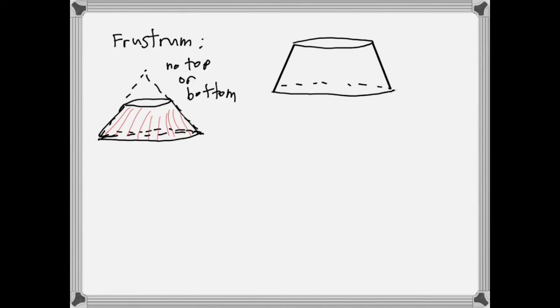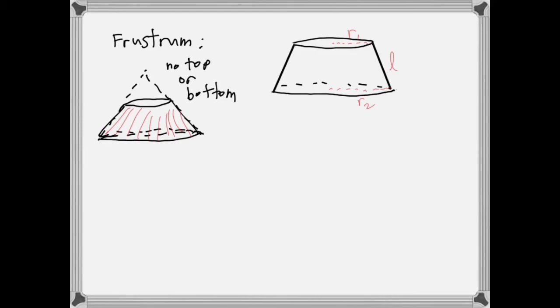So we're going to assume that the top has radius R1 and the bottom has radius R2. And then we're also going to assume that the side length is just L. Okay?